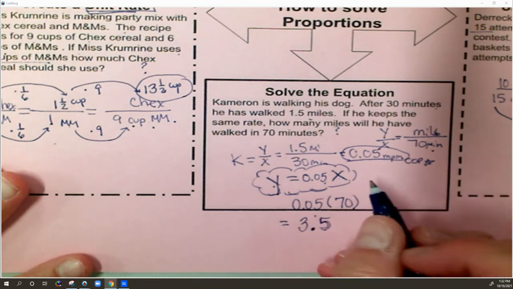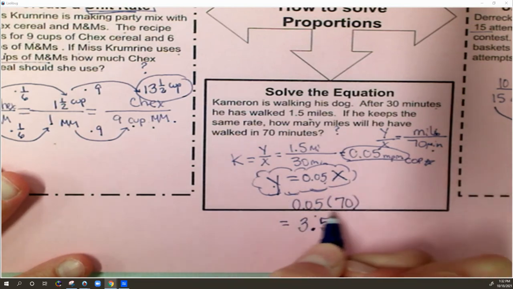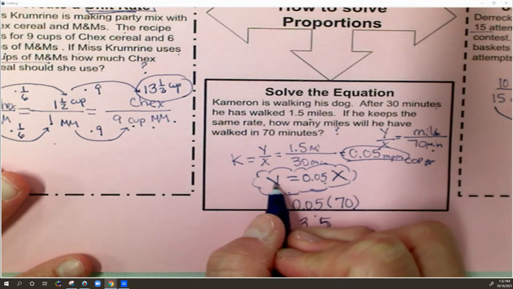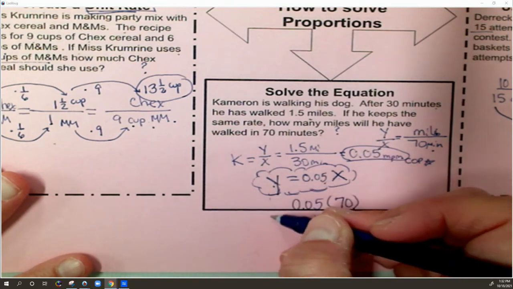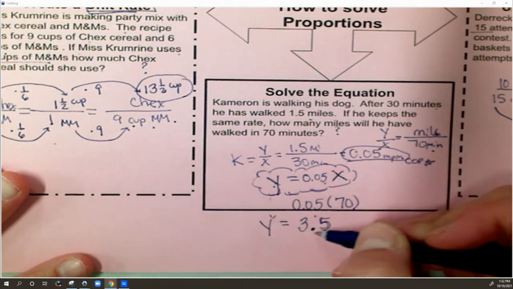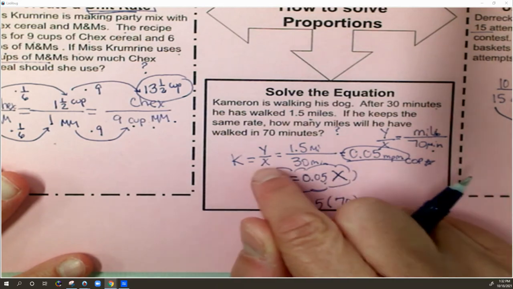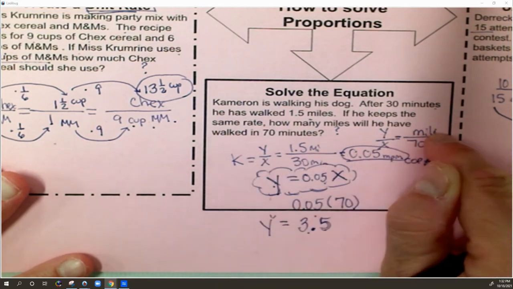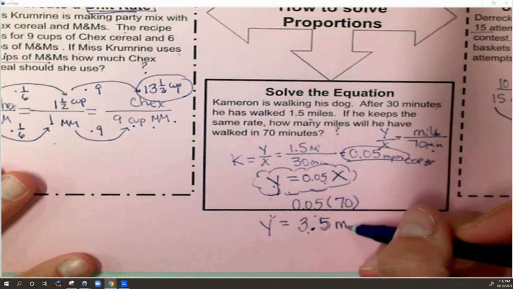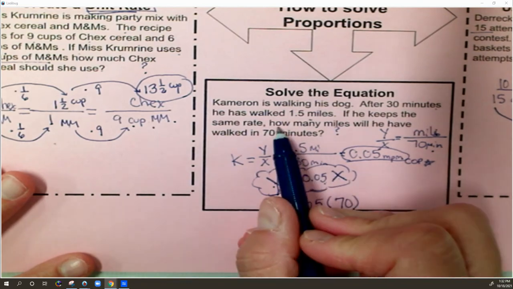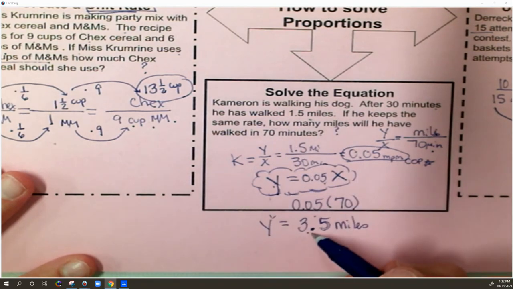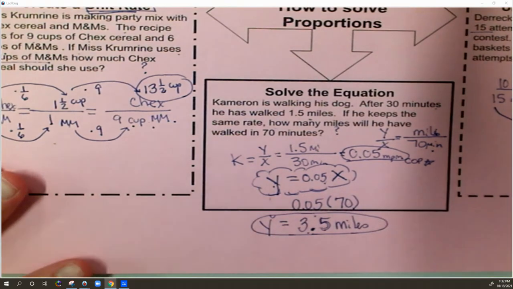Now remember, when I multiply these, that equals y. So y equals, well, what's y? Remember, y is the miles. So this is 3.5 miles. Isn't that what I was trying to find? How many miles? So 3.5 miles. There's my answer.